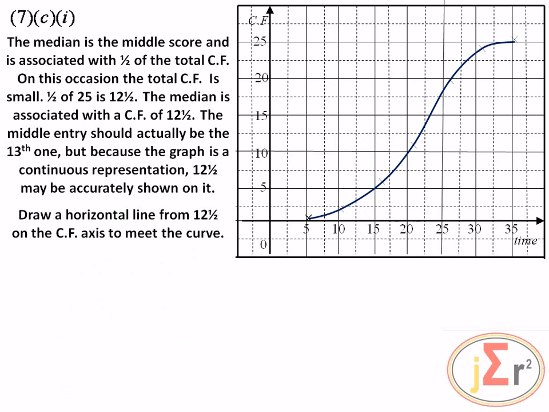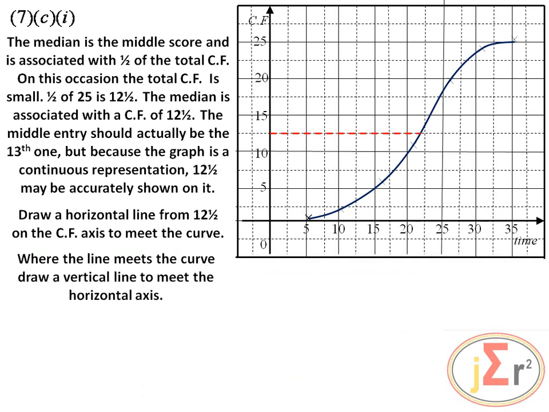So draw a horizontal line from 12 and a half on the cumulative frequency axis to meet the curve. In finding the median, we go to half of the total cumulative frequency, which is 12.5, go across, meet the curve, and then where the line meets the curve, draw a vertical line to meet the horizontal axis.